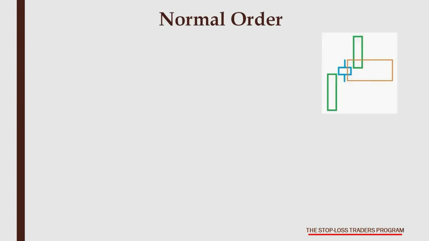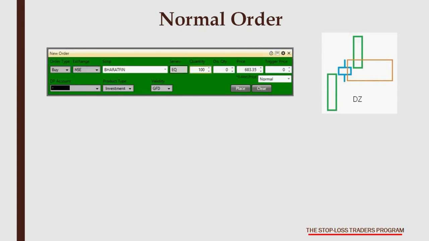These are only two possibilities. So this was in case of a supply zone. Now, high of whichever candle is going above the base, you need to cover the high of that. If it is a move out candle, then you need to cover the high of that candle. If it is a move in candle, then you need to cover the high of that candle.